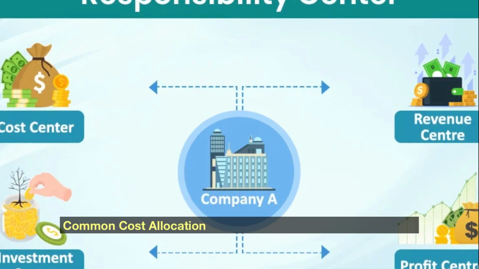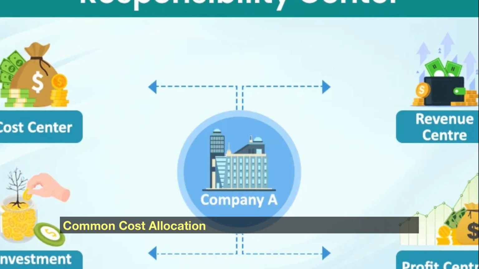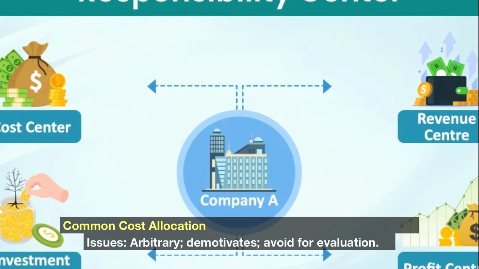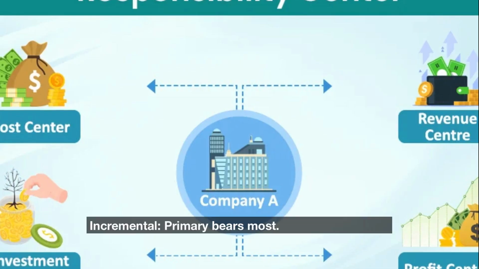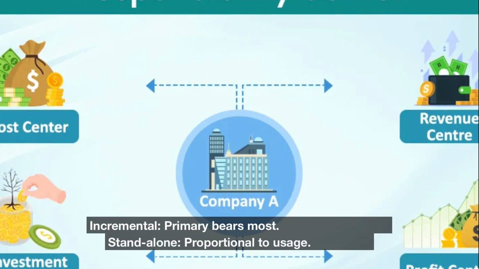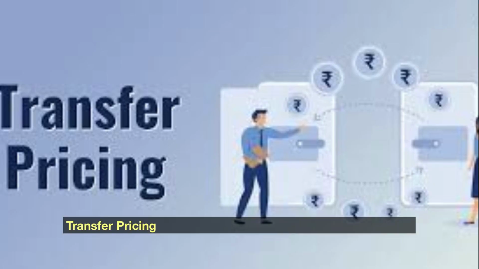When we talk about common cost allocation, here we have to be careful because this is very arbitrary. And two people looking at it can come up with two different ways of allocating. So just be careful with any allocated costs.